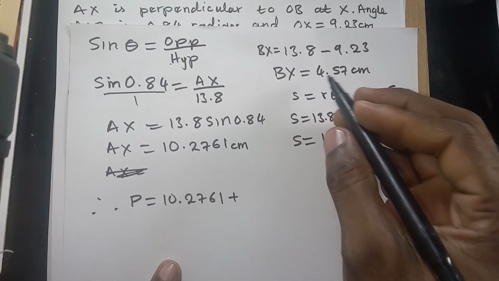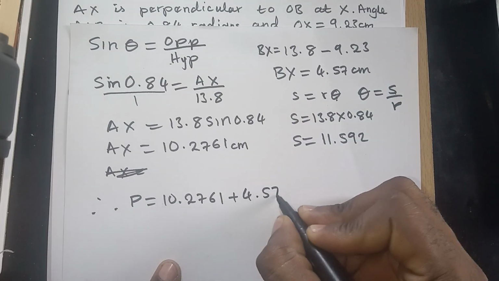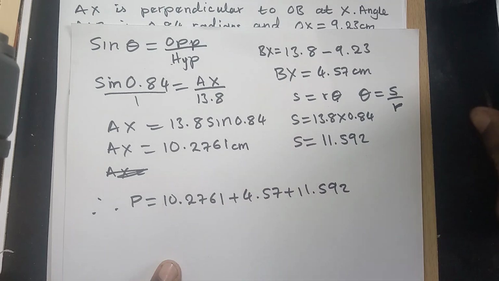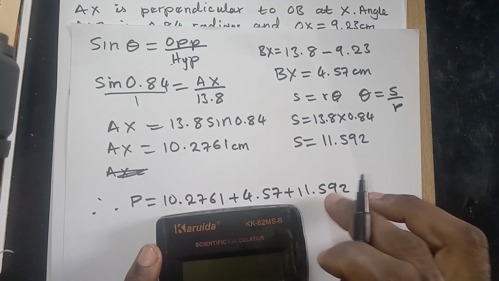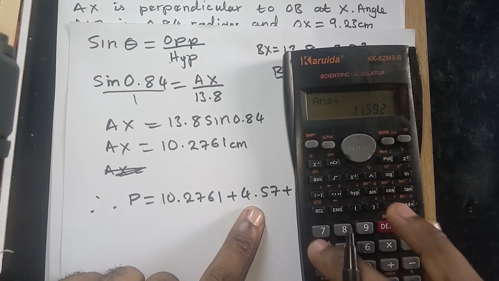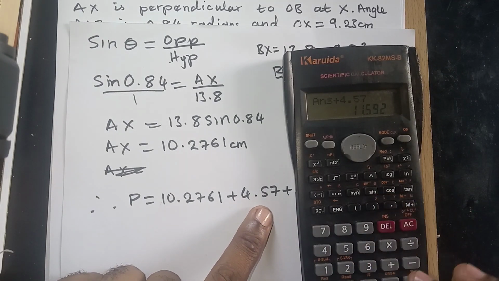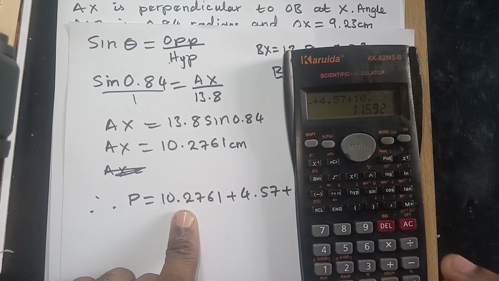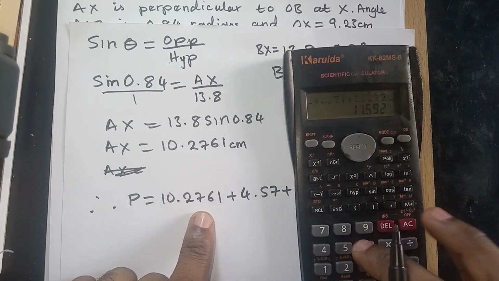So now the perimeter of the shaded region will therefore be 10.2761 plus 4.57 plus 11.592. Let's add these numbers. We already have this on the calculator, so you can just say answer plus 4.57 plus 10.2761.